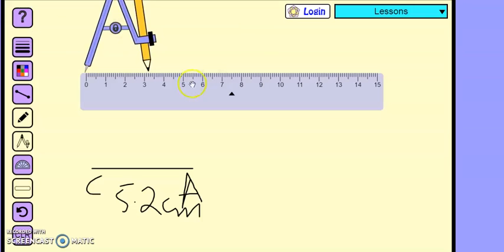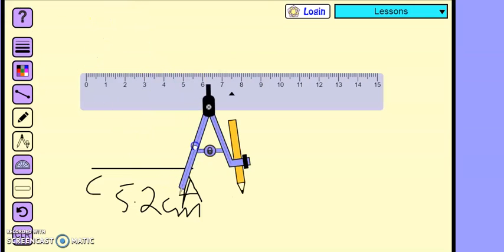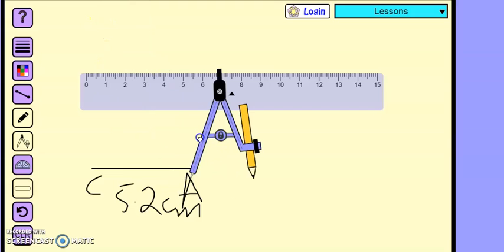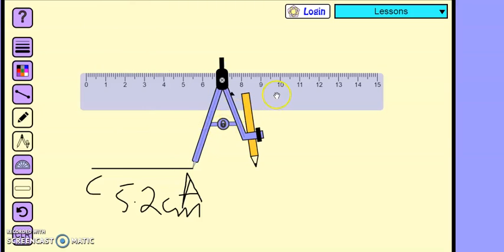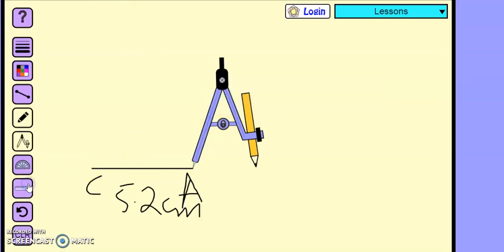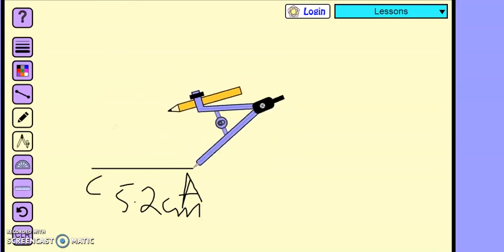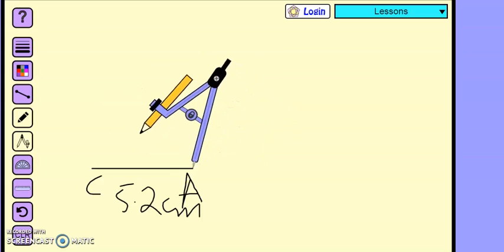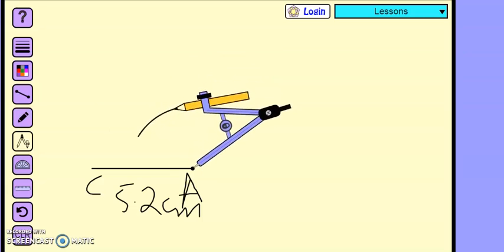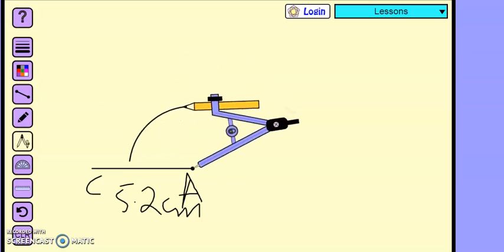Okay, so now you will place your compass needle at point A, as measure of AB is 3.2 centimeter. So we are going to draw an arc of radius 3.2 centimeter like this.